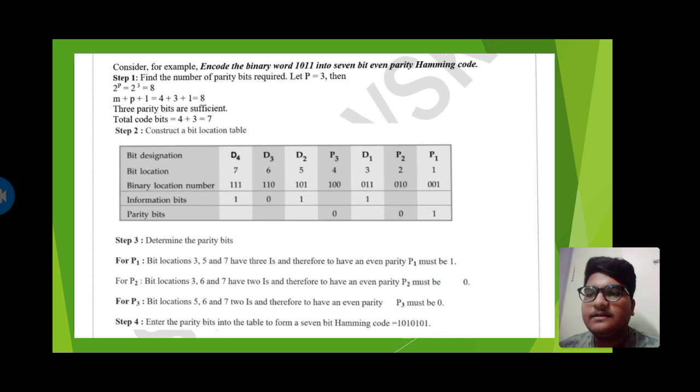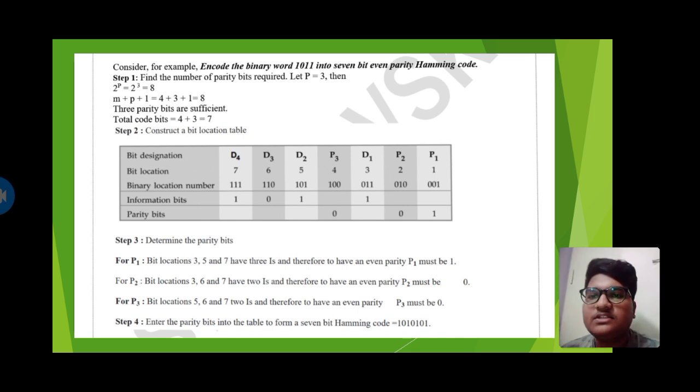Now step 3, determine the parity bits. We use bit locations to determine the parity bits. Now to find the parity bit p1, we check the locations 3, 5 and 7. By using 3, 5 and 7, we find the parity bit P1.